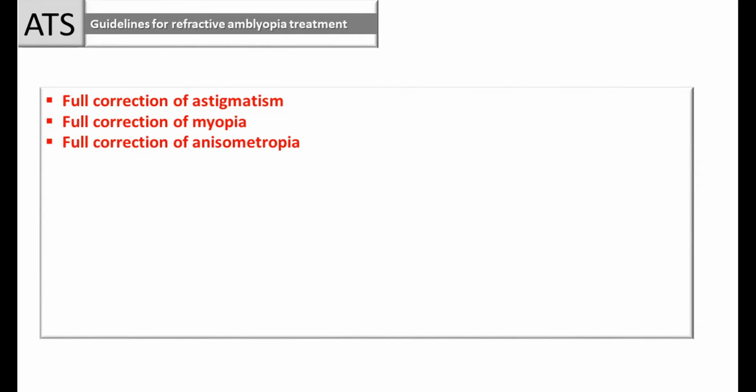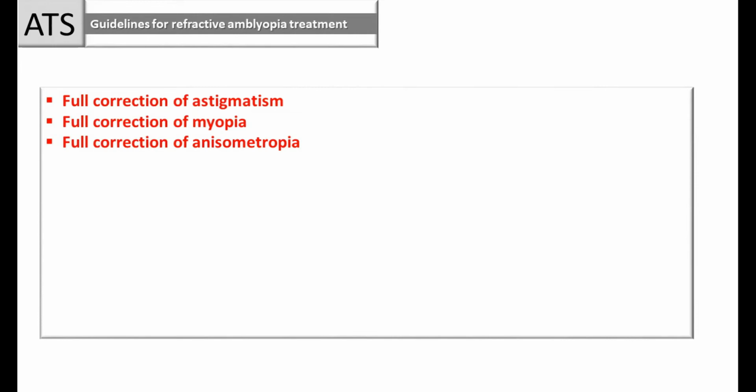So we have some guidelines provided by the Amblyopia Treatment Studies for treating refractive amblyopia. So what are these guidelines? First, after cycloplegia, and you already have an amblyopia based on your diagnostic criteria, full correction of astigmatism, full correction of myopia, and full correction of anisometropia.